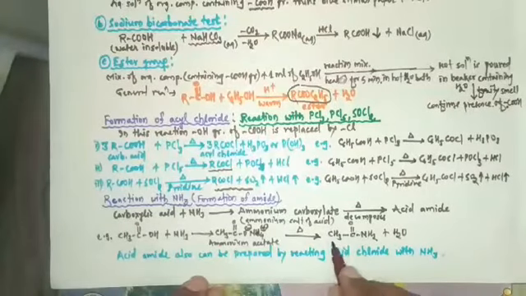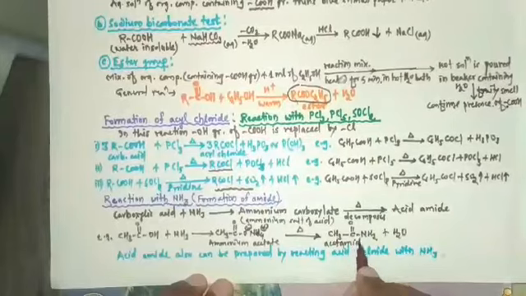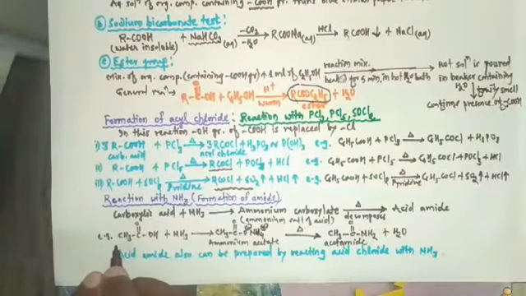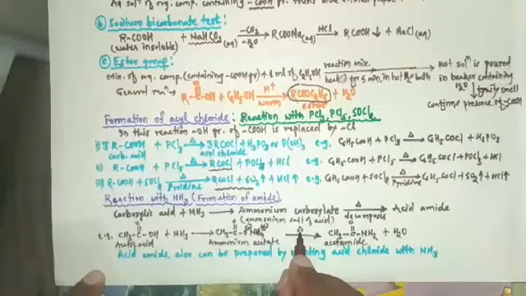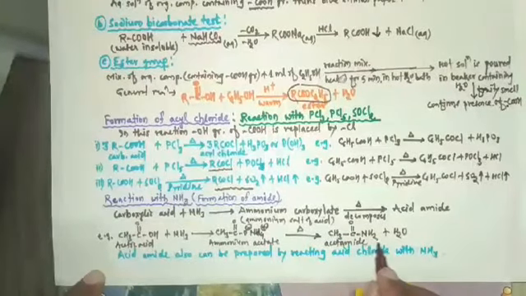So the name of this main product is acetamide. Here the starting material is acetic acid. Acetic acid on reacting with ammonia gives ammonium acetate. Ammonium acetate on heating at high temperature undergoes decomposition to give acetamide.